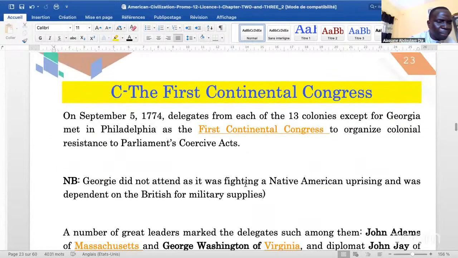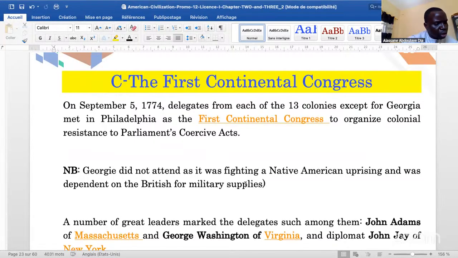And what is going to happen? The First Continental Congress. You need to familiarize yourself with the First Continental Congress. What is the First Continental Congress? It is the first time that the Continental Congress has met.